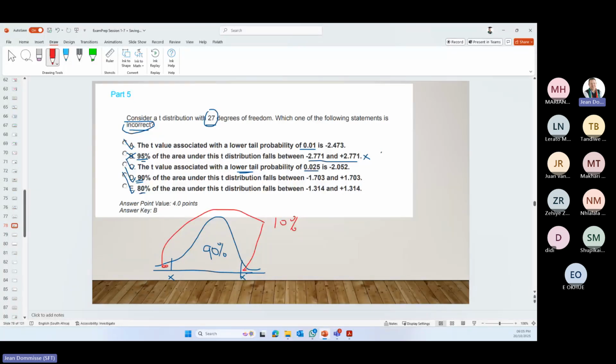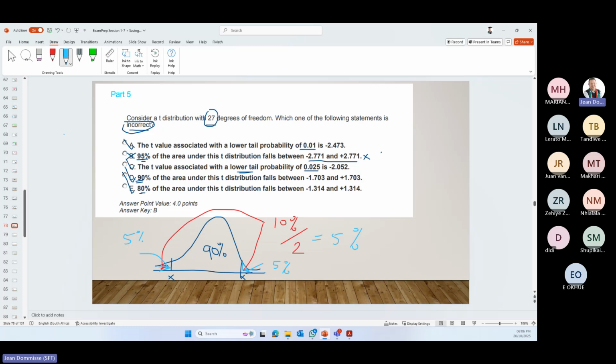So if I just want one of those areas, I need to divide by 2, so that I can say 5% is this component here, and that component there will be 5%.